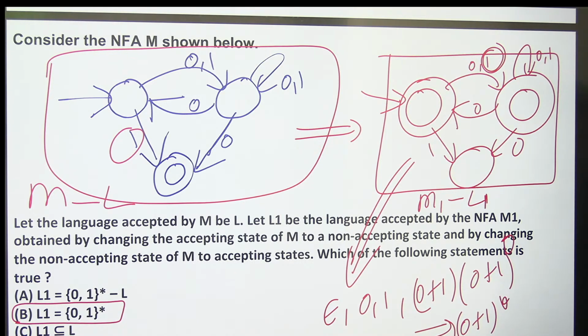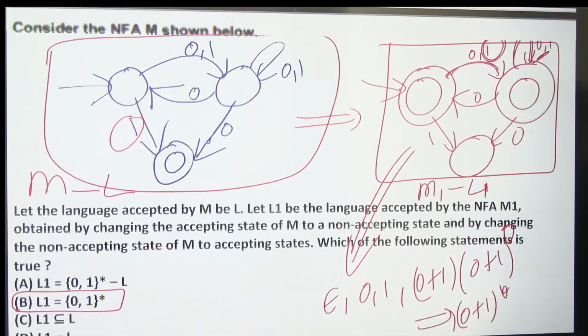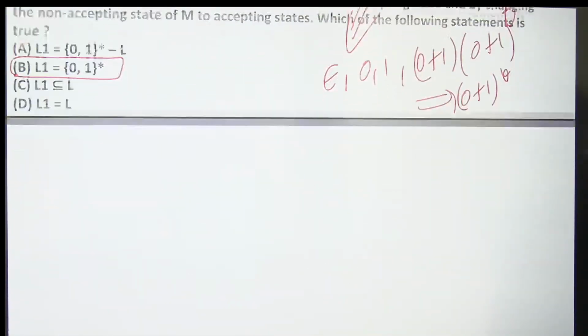In the given M, 0 0 is accepted. Here also 0 0 is accepted. In M, 1 0 is accepted, and in M1, 1 0 is accepted. So many things are common. But M1 is accepting everything.